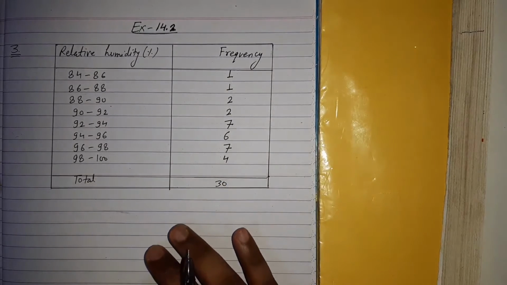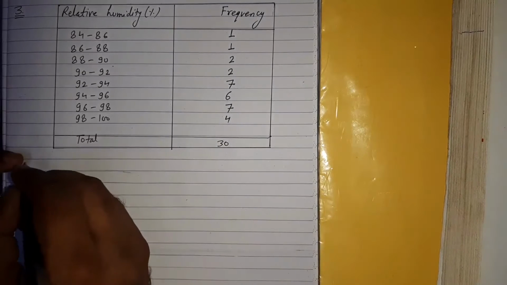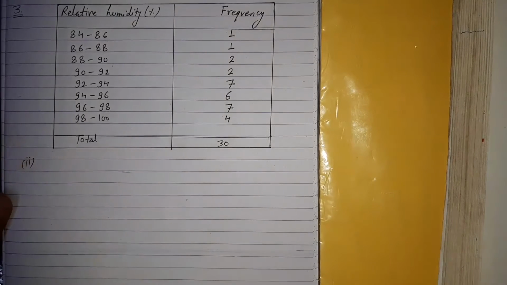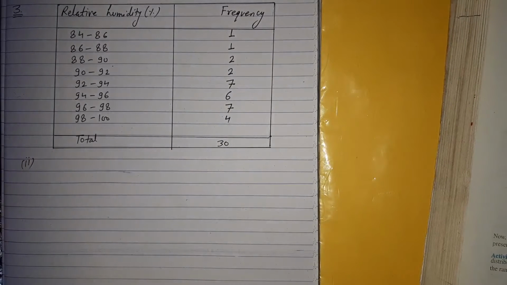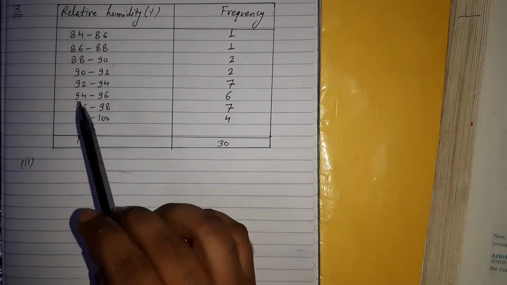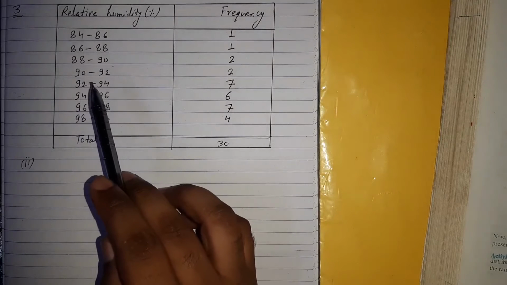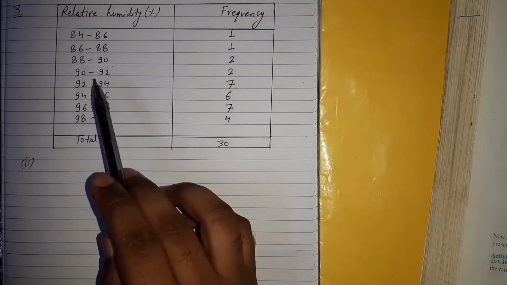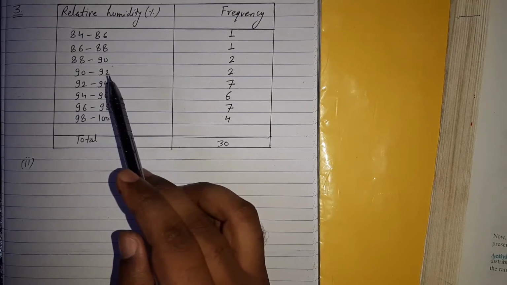Now the second part of this question: which month or season do you think this data is about? Now you can see here the relative humidity is high. So this data appears to be taken in the rainy season because the relative humidity is high.